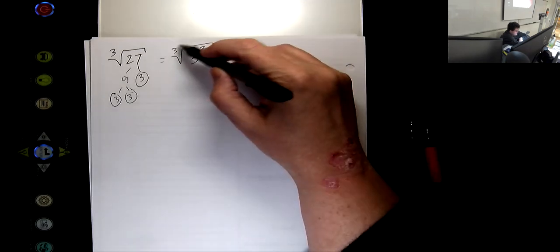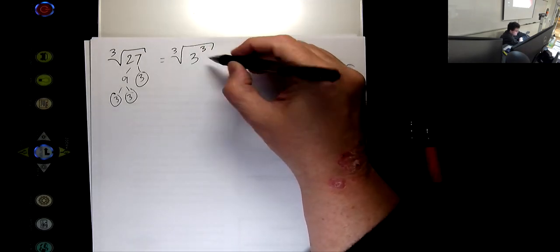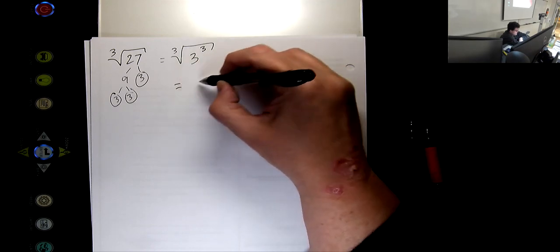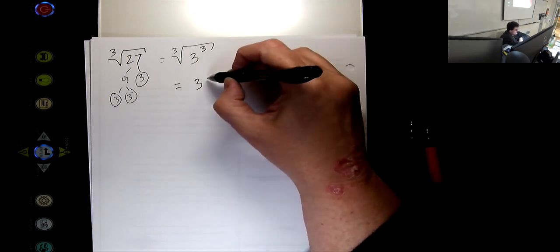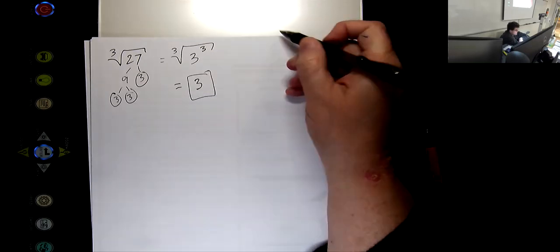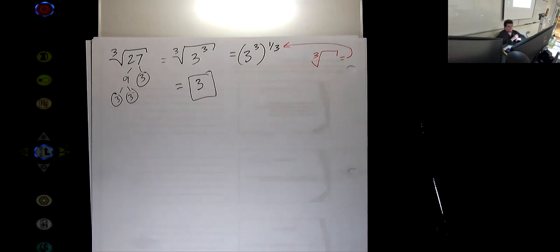So if you recognize right away, the index out here matches the exponent, we can just jump straight to, they cancel each other out and I have a 3. Otherwise, rewrite it as 3 to the 3rd power times 1/3. The exponent, the radical part, the cube root like that turns into the 1/3 right there.